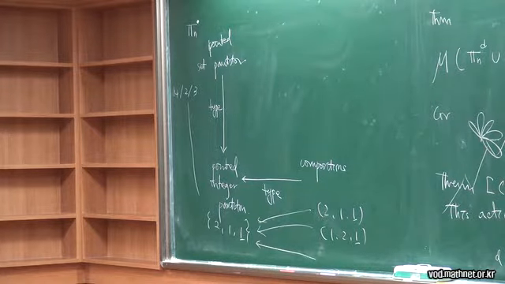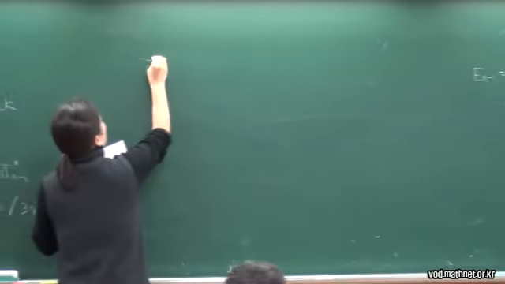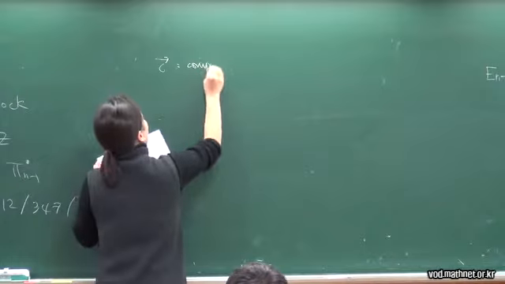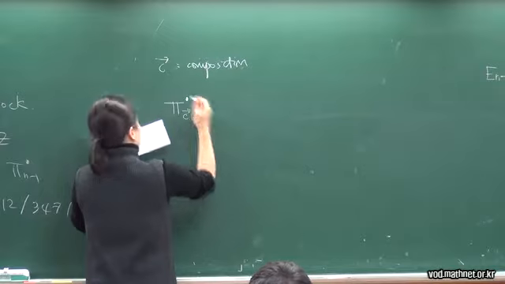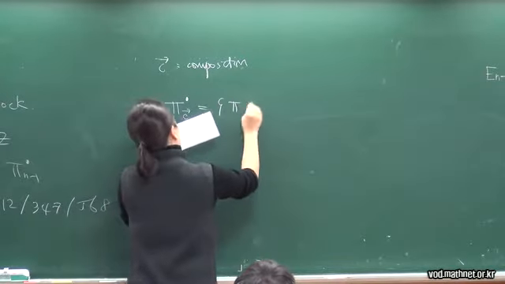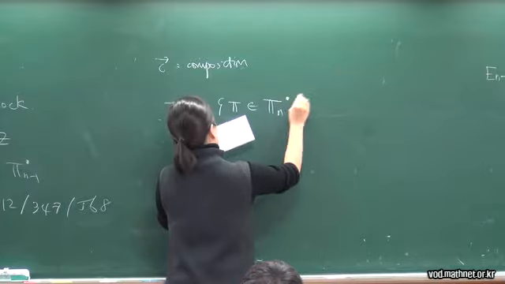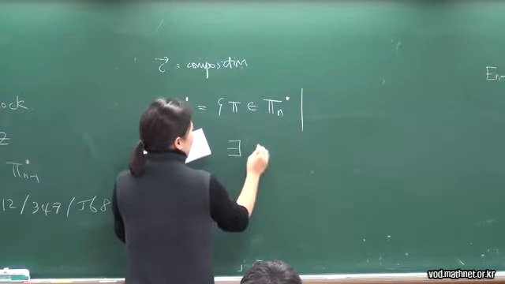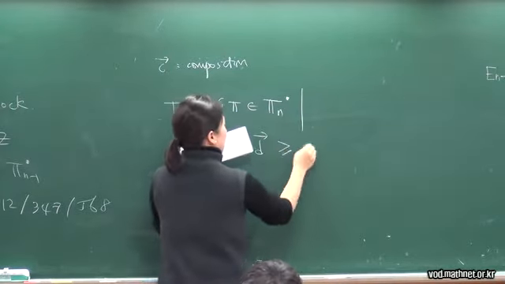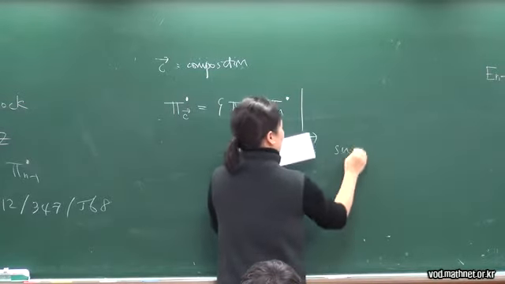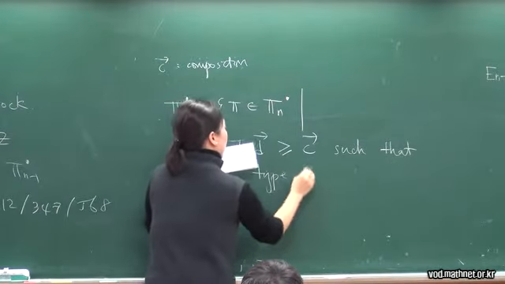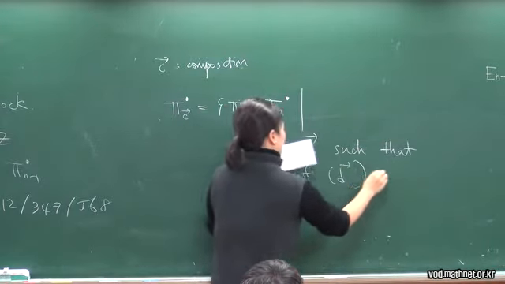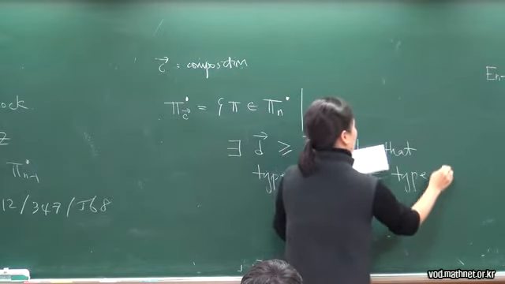Now we may have the poset. I will write it here. When you have the composition C, the set of pi of type C means some subposet of the pointed set partitions such that there exists a composition D, which is greater than or equal to C, and the type of D is the type of this pi.